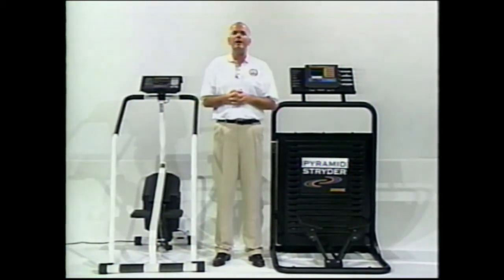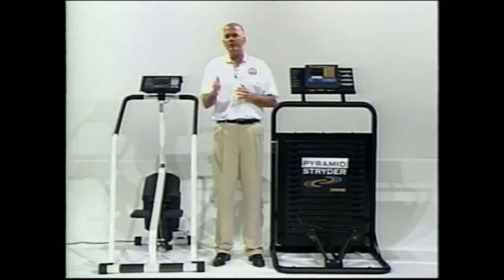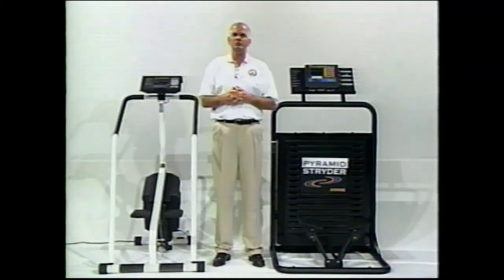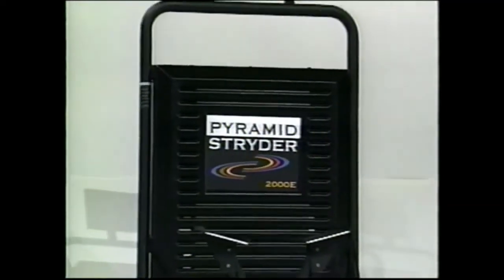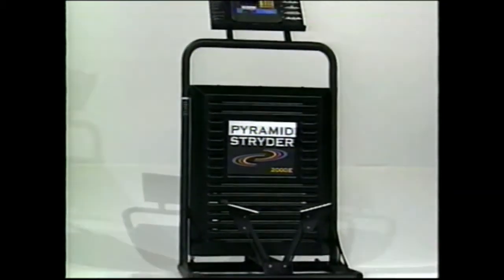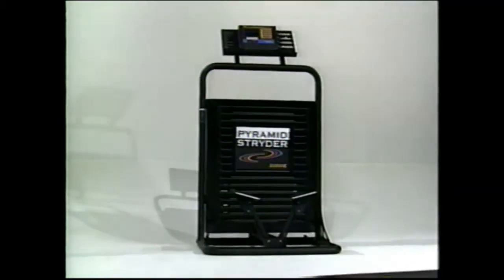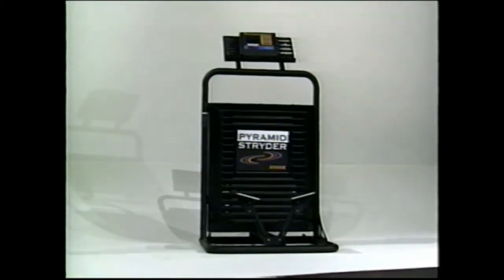Therefore, we now have available to us a new dimension of rehabilitation, a new dimension of exercise, a new dimension of cardiovascular equipment that we call 3D aerobic exercise. We call it 3D rehabilitation. And the 3D rehabilitation that's being introduced today is the Pyramid Stryder. The Pyramid Stryder is a new dimension of exercise simply because it mimics what the body wants.